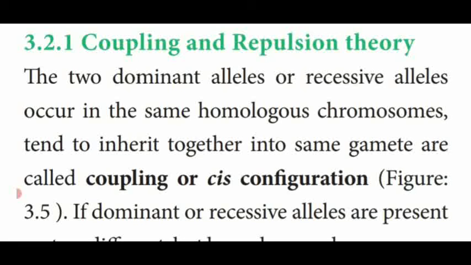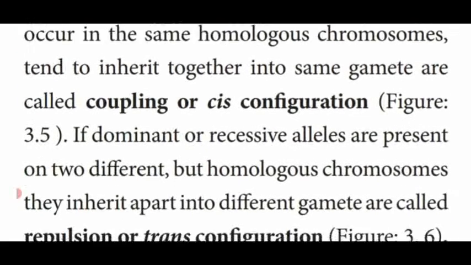First we should know what is coupling. That means a pair of dominant alleles and a pair of recessive alleles occur on the same homologous chromosome. They have the tendency to inherit together into the same gamete, which is called coupling or cis configuration. It is one type of 2-mark question.